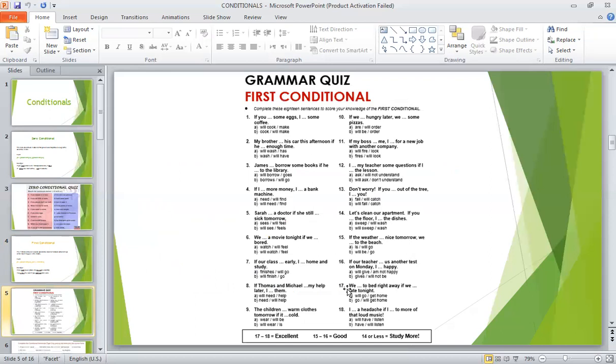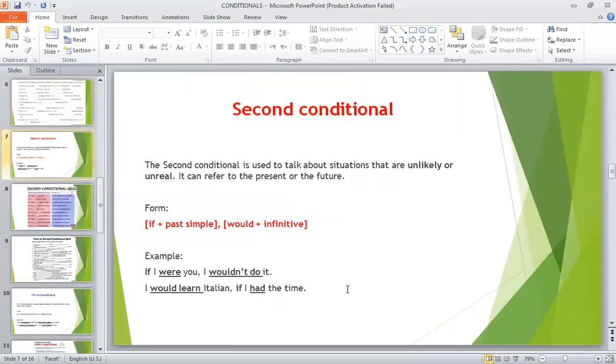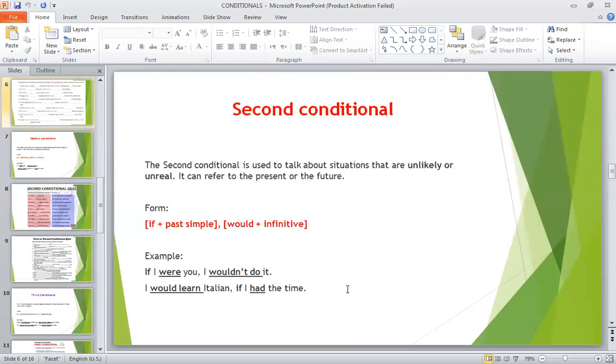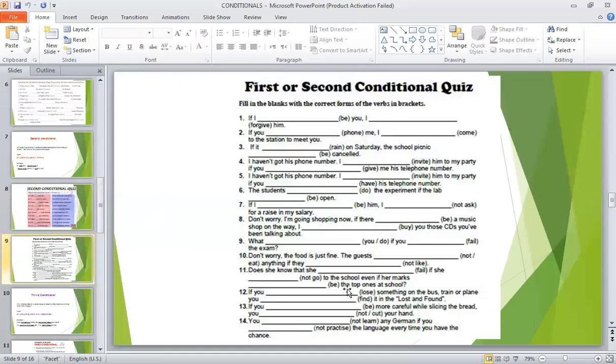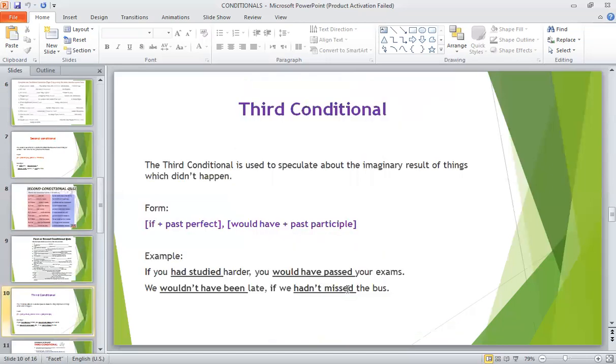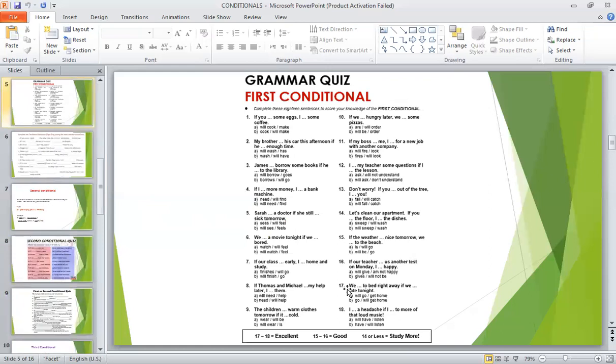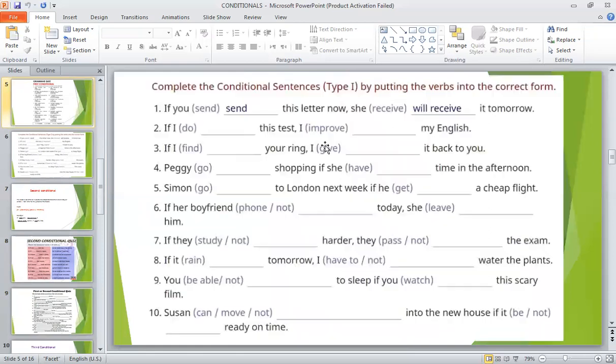Two, my brother will wash his car this afternoon if he has enough time. This is for first conditional, easy to be done, of course.